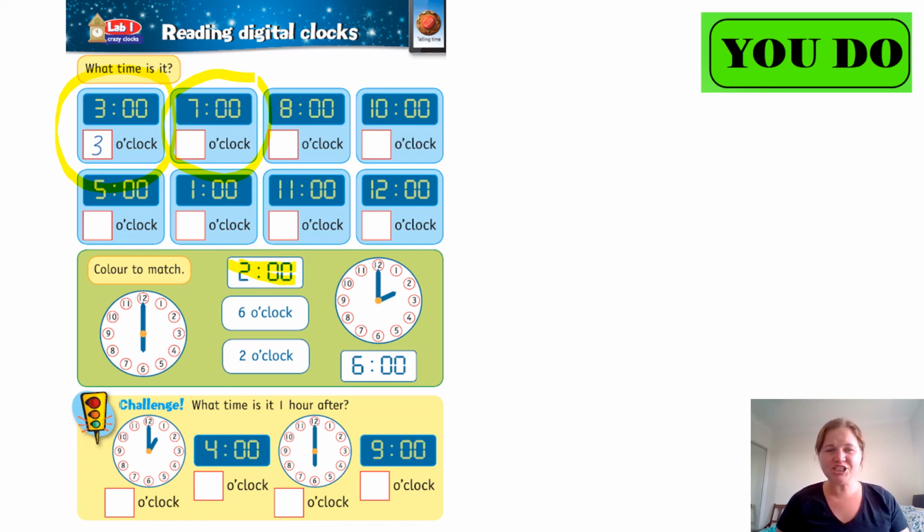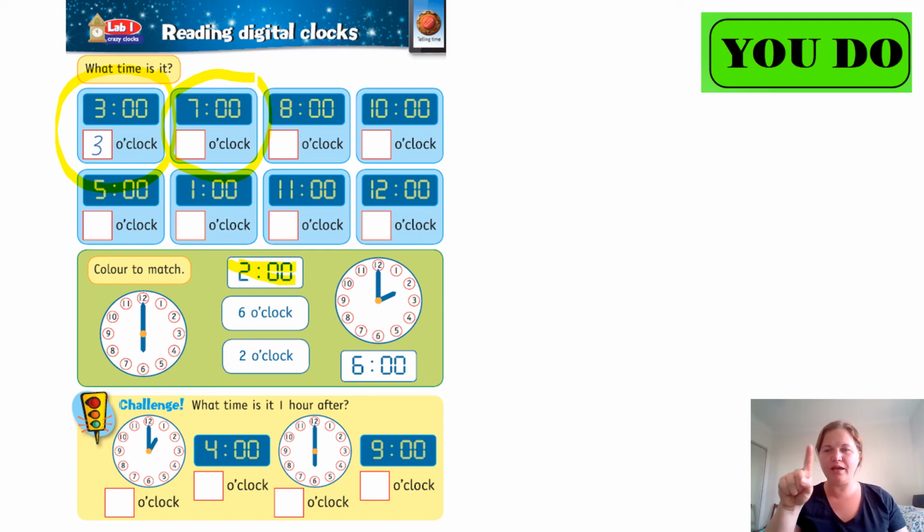Oh look, there's a challenge down the bottom. What time is it in 1 hour's time? The first one says 1 o'clock. What would happen if the hour hand jumped a whole nother hour?